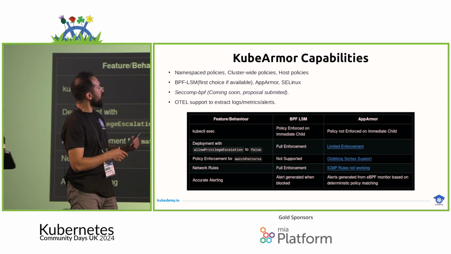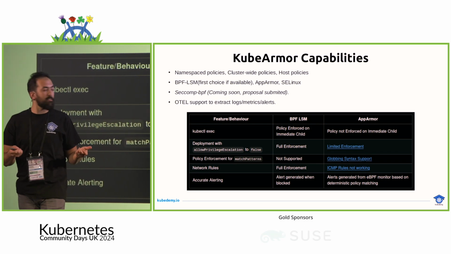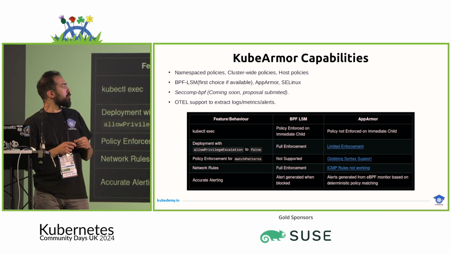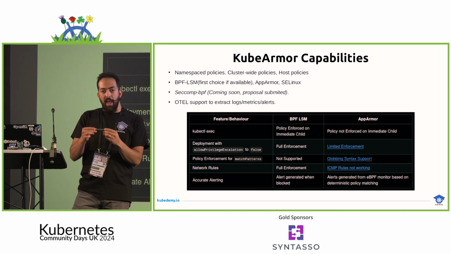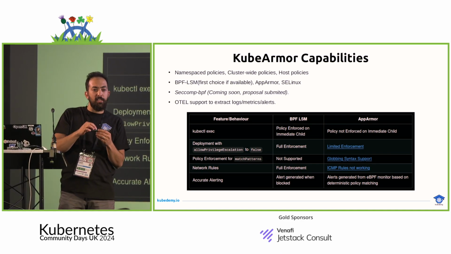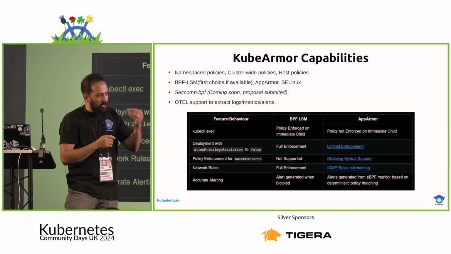When you have no BPF LSM available within your system because of the kernel version, the solution is to use OPA Gatekeeper and restrict the container to be able to execute the command directly.